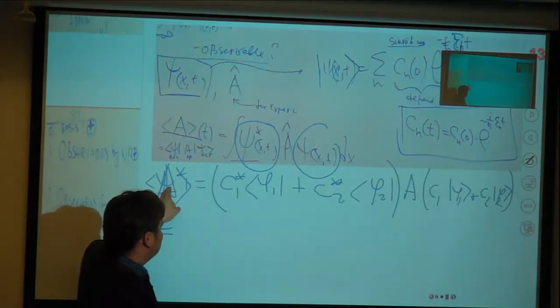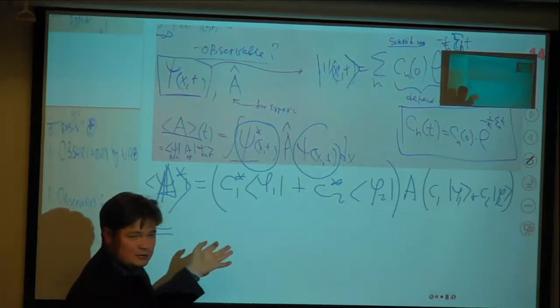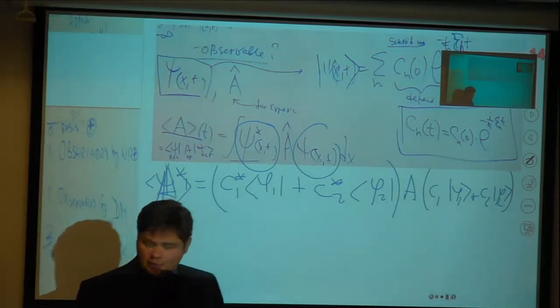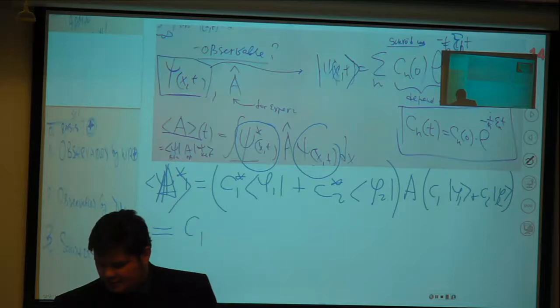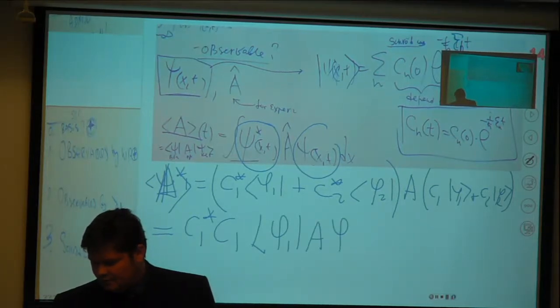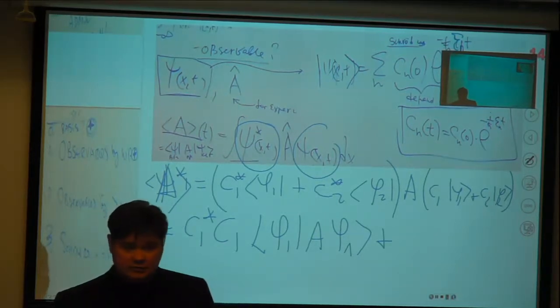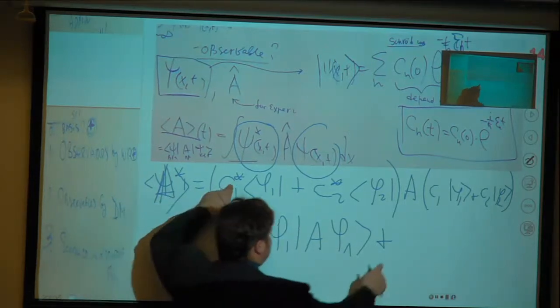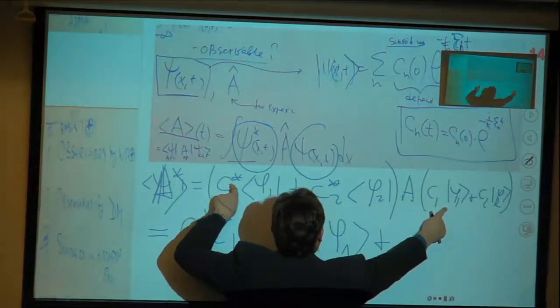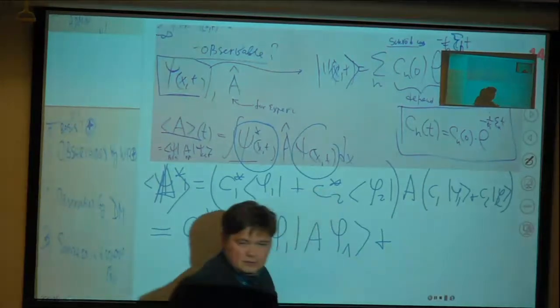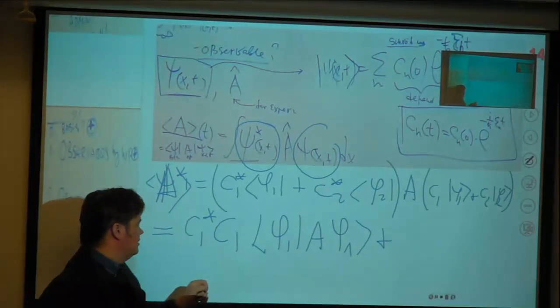Because it is the main protocol for our main goal to find observables, and if you open these brackets, we will get C1 star C1, phi 1 A phi 1, plus the three other terms, right? First, middle, last. First, middle, last. Right? So if you run over different indices.